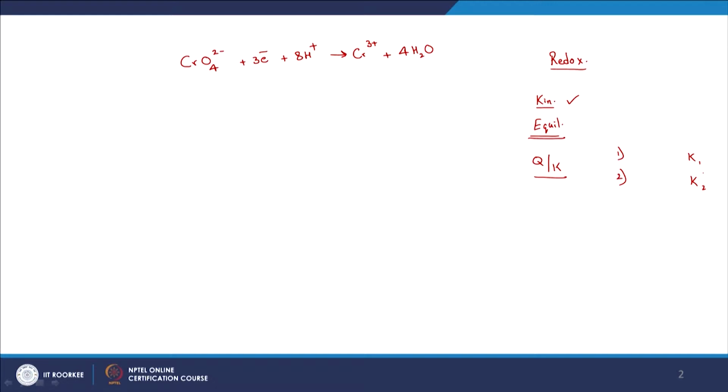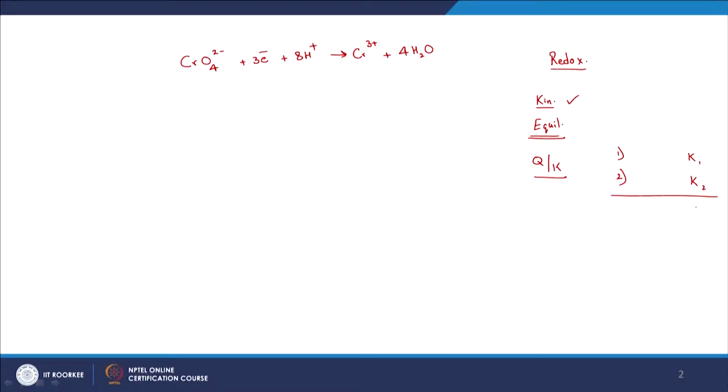Then you sum up 1 and 2, after modifying either reaction 1 or reaction 2 so that you equate the number of electrons being transferred. And then we saw how we can come up with our K for the overall reaction.